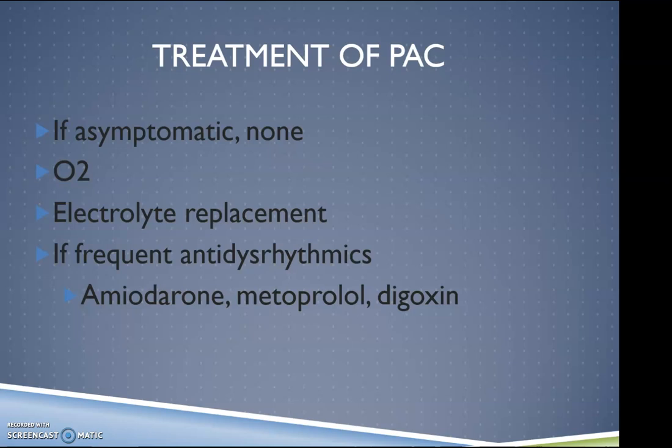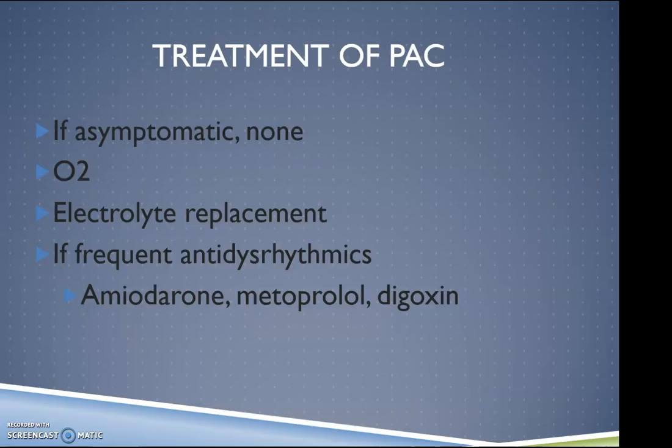But if they are pretty frequent and we might be concerned, there's other reasons why we'd be concerned our patient would go into AFib. We'd give them oxygen, look at their electrolytes, replace their electrolytes, and if they're frequent enough, we're going to put them on medication. Medications of choice would be amiodarone, metoprolol, and digoxin.